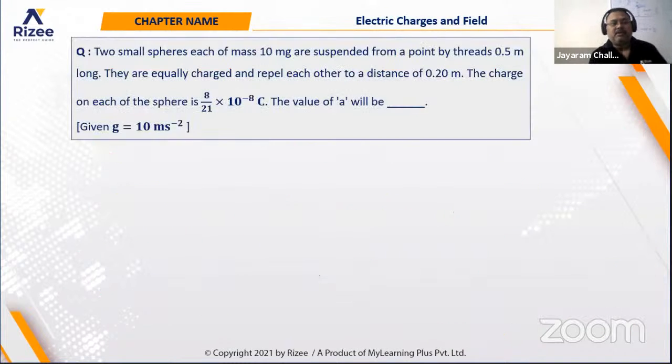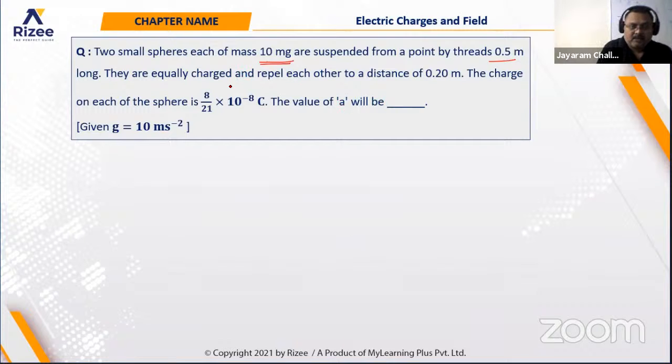Now coming to an example on this particular topic. Two small spheres, each of mass 10 milligrams, are suspended from a point by a thread 0.5 meters long. They are equally charged and repel each other, that means they are like charges.